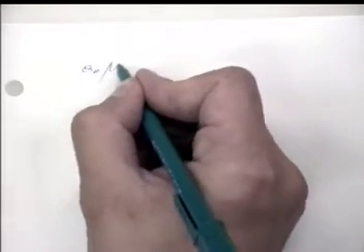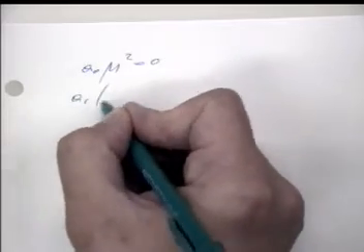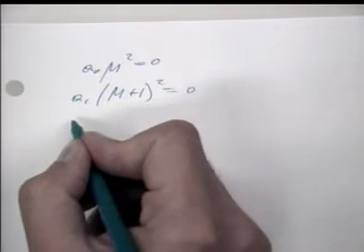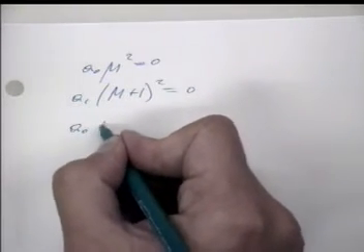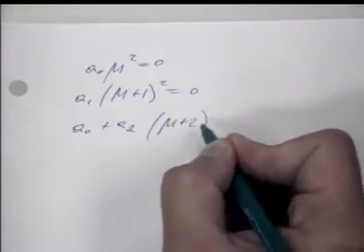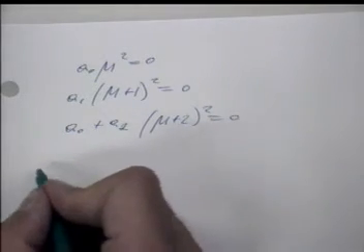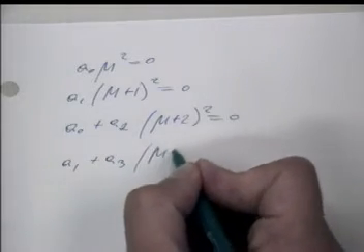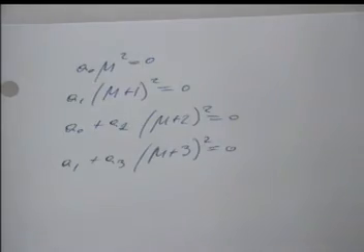It's a0 (mu) squared equals 0, a1 (mu plus 1) squared equals 0, and then a0 plus a2 (mu plus 2) squared equals 0, a1 plus a3 (mu plus 3) squared equals 0.